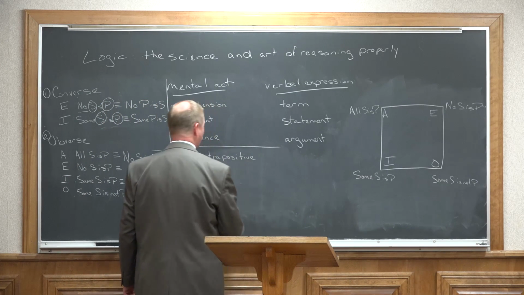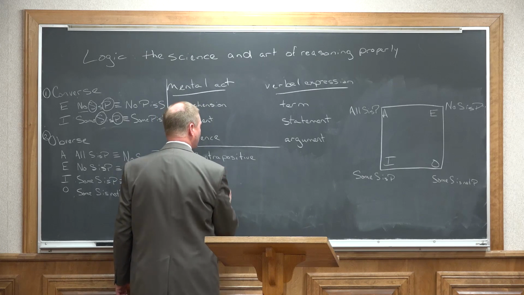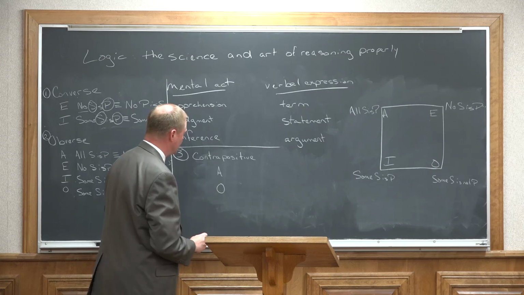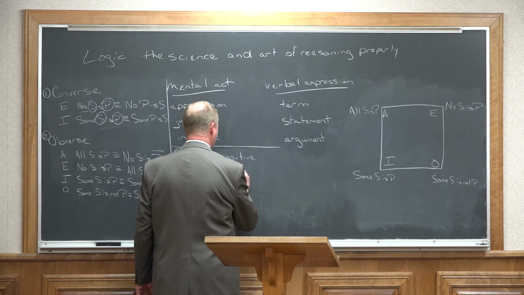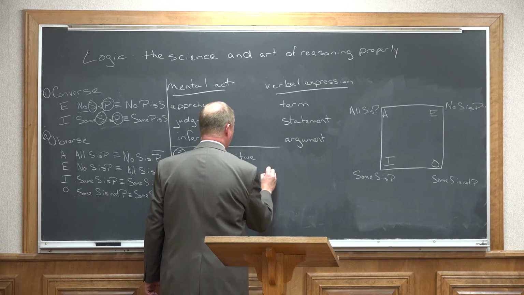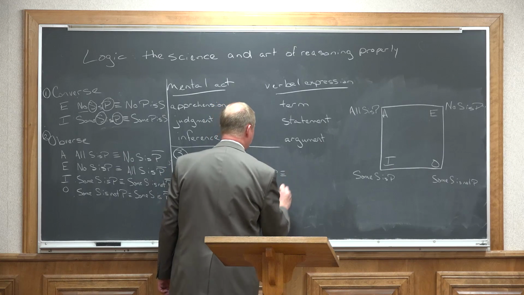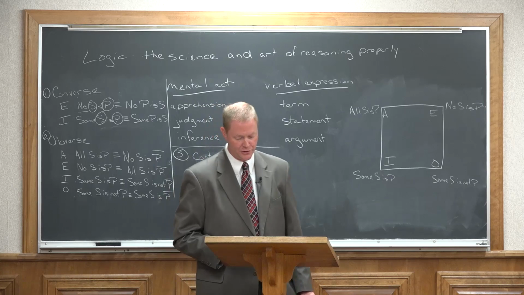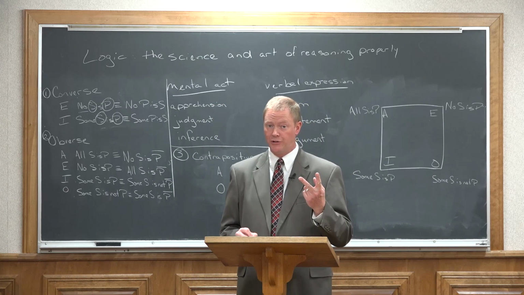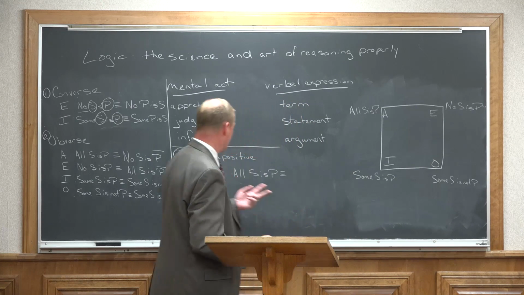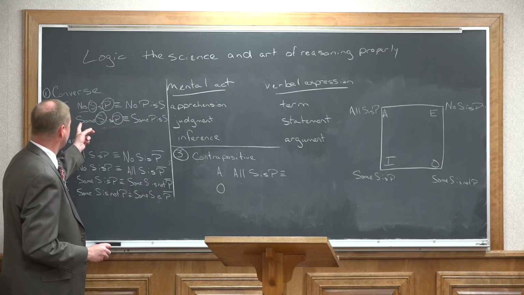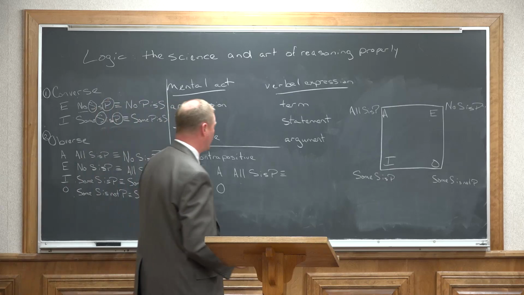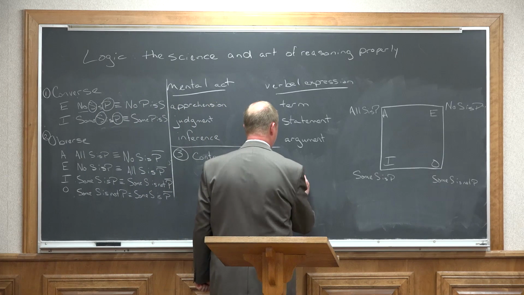So we have contrapositive. Contrapositive works on the A and the O. Let me show you how contrapositive works. All S is P is logically equivalent to, now here's what we do with contrapositive. We switch the subject and the predicate, just like what we did here with converse. But we have to change both of them to their complement.